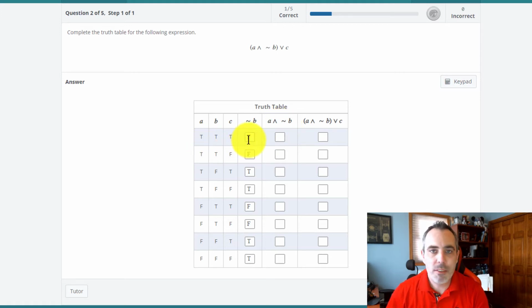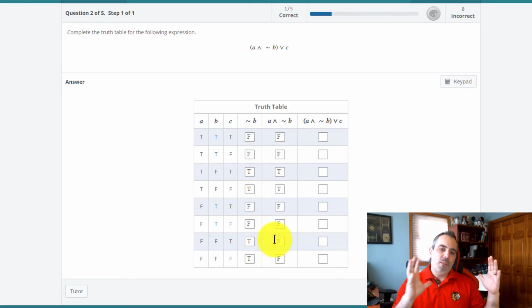True, false, they're not both true. True, false, they're not both true. True, true, they're both true. True, true, they're both true. False, false, they're both false. False, false, false, true, false, true. There's only two times where A and the negation of B were true. So I put those in here, right?